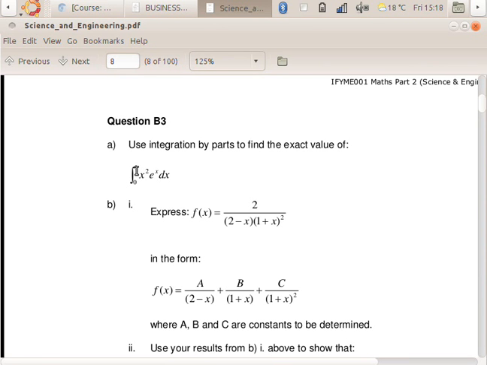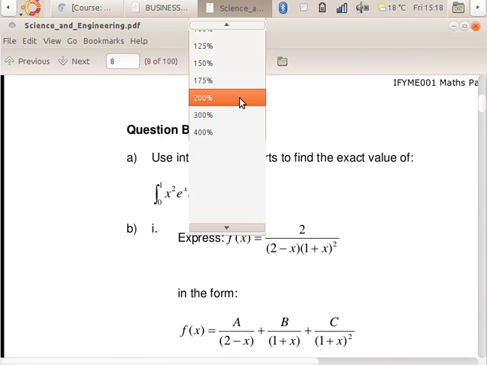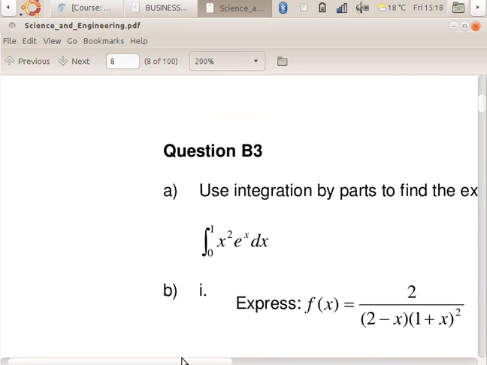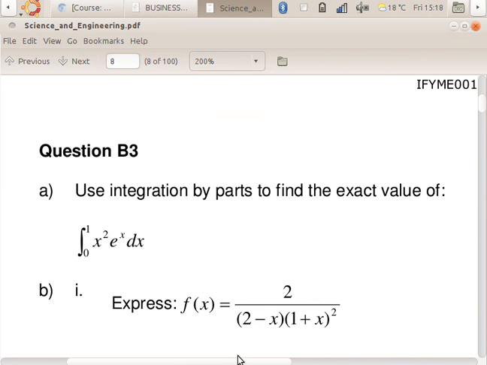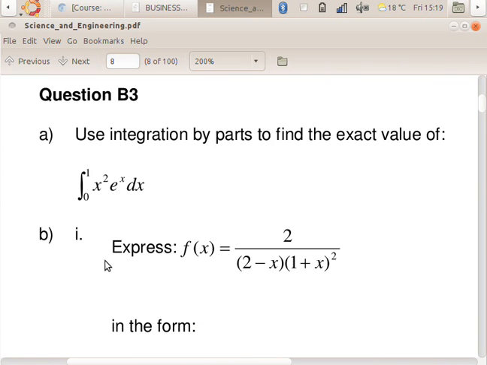Okay? So let's have a look at this one first. Can you all write that down? It's x squared e^x, and it's 0 to 1. Page 8. Can you see it? Write it down, yeah?